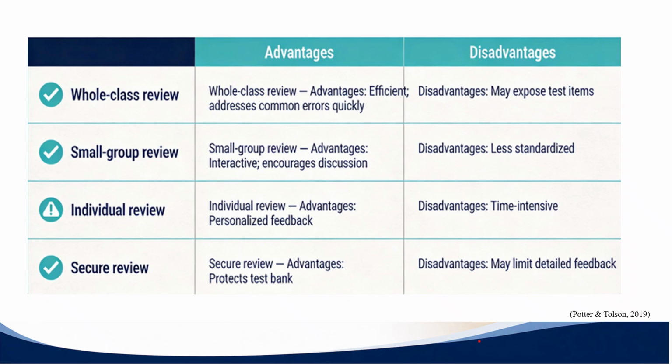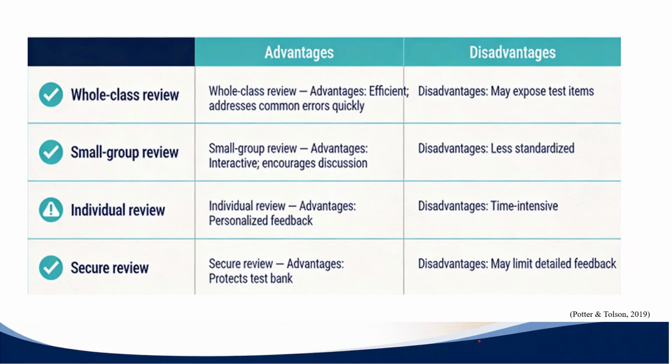All of these methods have benefits and limitations. The whole class review, the advantages are it's efficient and addresses common errors quickly, but the disadvantage is it may expose test items, and then now you need a new test. Small group review, the advantage is interaction and discussion, so the discussion can be more focused, whereas the disadvantage is it's less standardized.